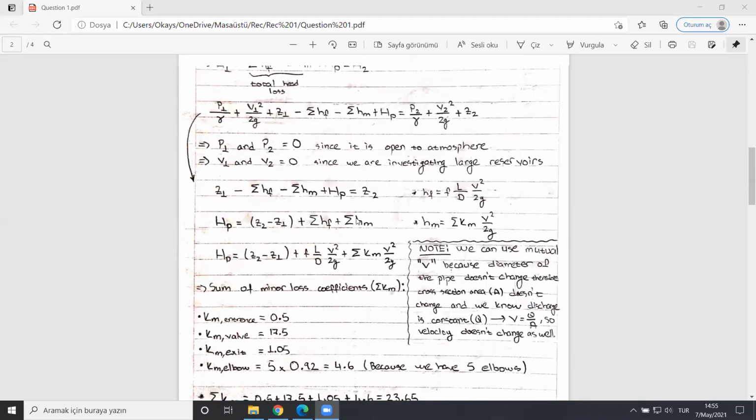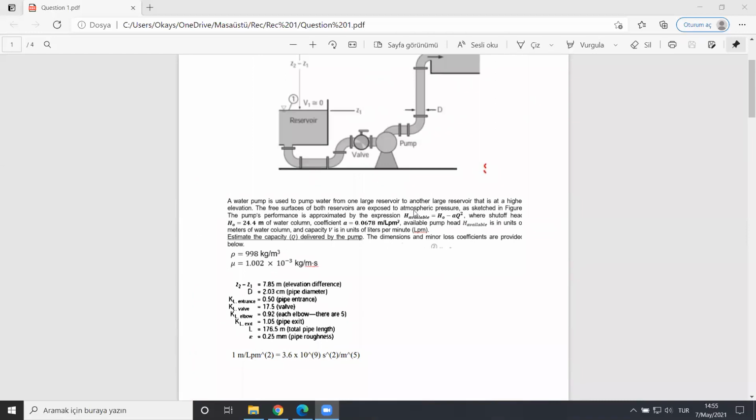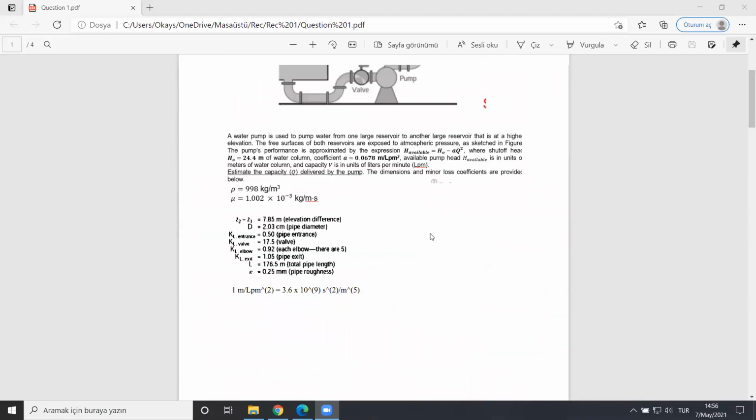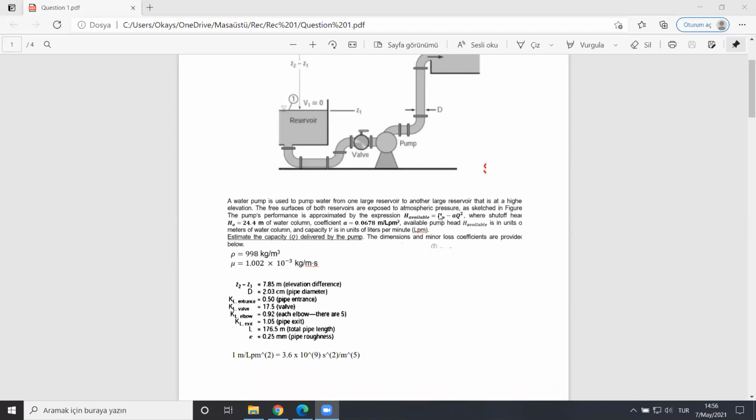And if you remember the question, we had another equation related to pump head given to us by the question. We will call this pump equation. It was H available is equal to H0 minus AQ squared. H0 and A were given to us, so we can put them directly into this equation. What was H0?